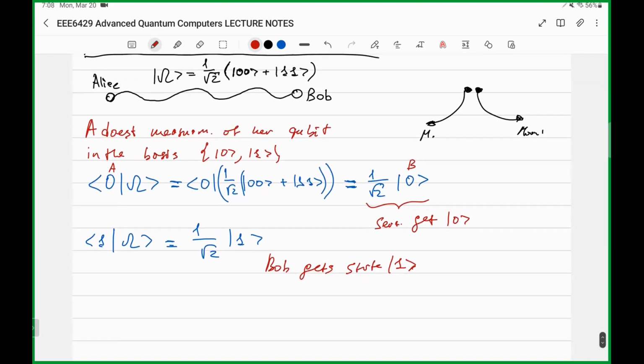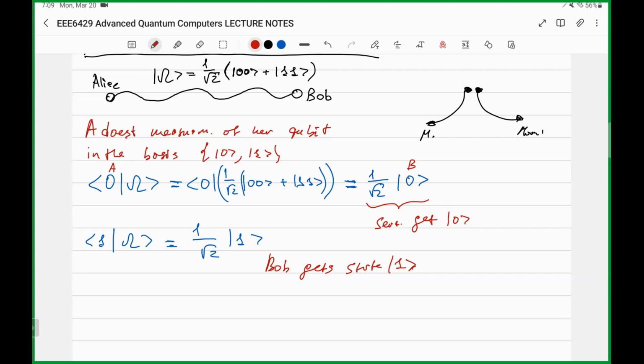So the outcome of Alice's experiment affects the result of Bob's experiment. But of course, Bob doesn't know the result of Alice's measurement. The only way for him to know is if Alice sends him some sort of information, like an email: Bob, I got the state 1, for example.